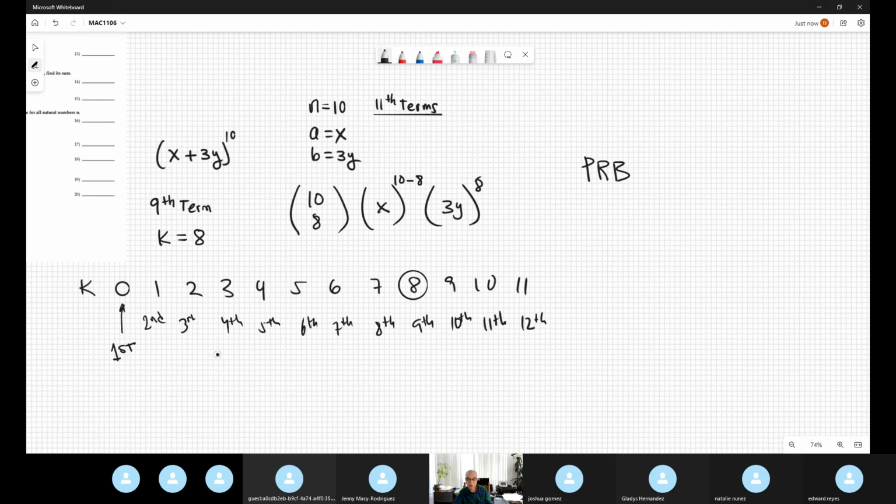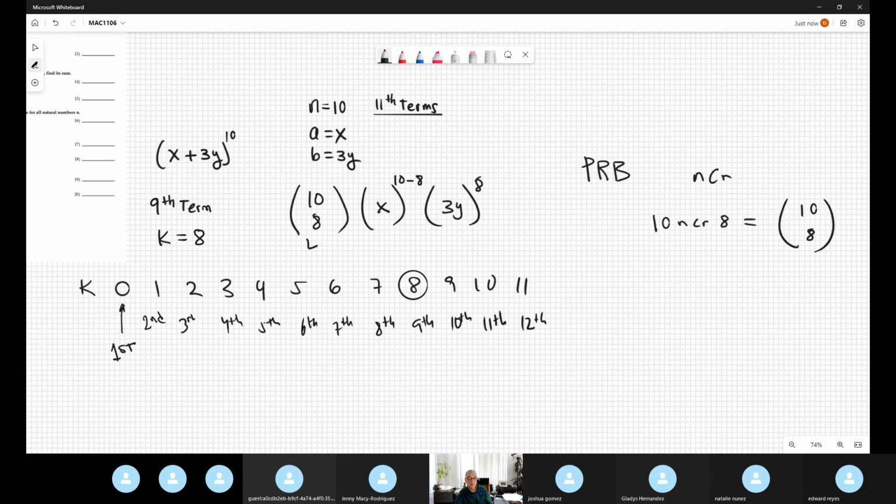You try to find the one called nCr. What does that mean? That means combinatory. It's exactly this. Now the syntax in this calculator I have in my hand: you put 10 first, you put nCr, and you put 8. This is equivalent to this. So I clear the display, I type in 10, I press the key PRB, select the option nCr, you put 8, and the answer is 45.